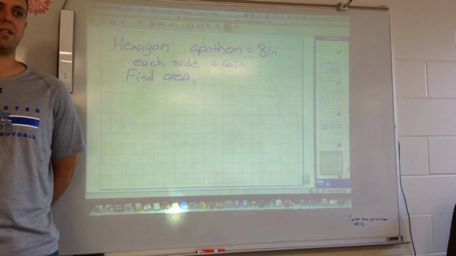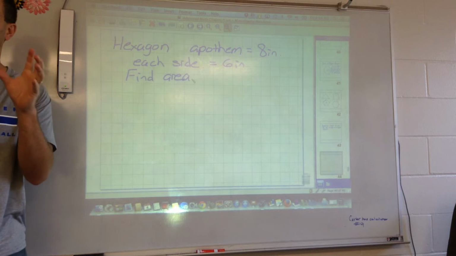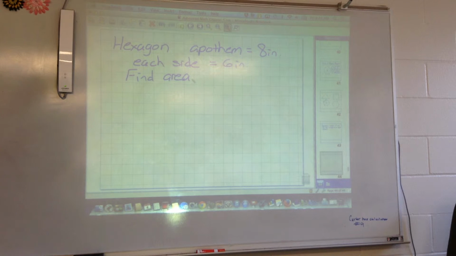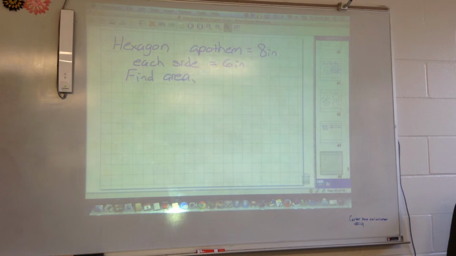But even in a problem like this, if you feel like you can't draw a hexagon, fine. Just draw a triangle. Once you draw the triangle, find the area of the triangle, and then multiply it by 6. You're not being tested over your drawing abilities. If you can't draw a hexagon, fine. Draw a triangle, find the area of it, and multiply it by 6.